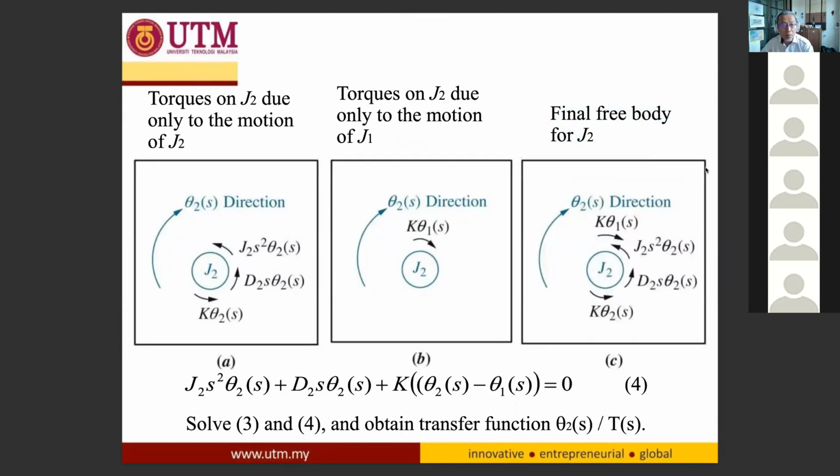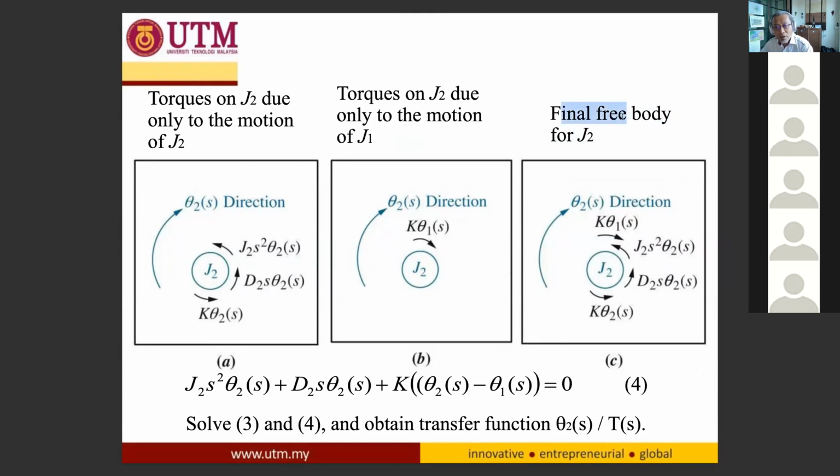Then for inertia J2, the torque due to the motion of J2 is shown here, where you have the direction of K, D2 and J2. And the torque on J2 due to the motion of J1 is Kθ1.